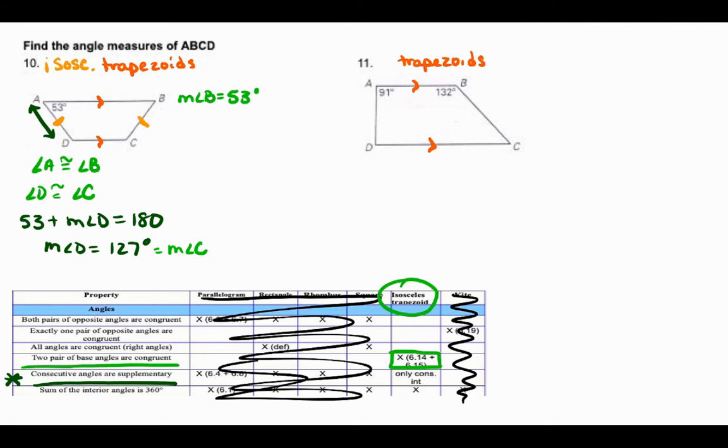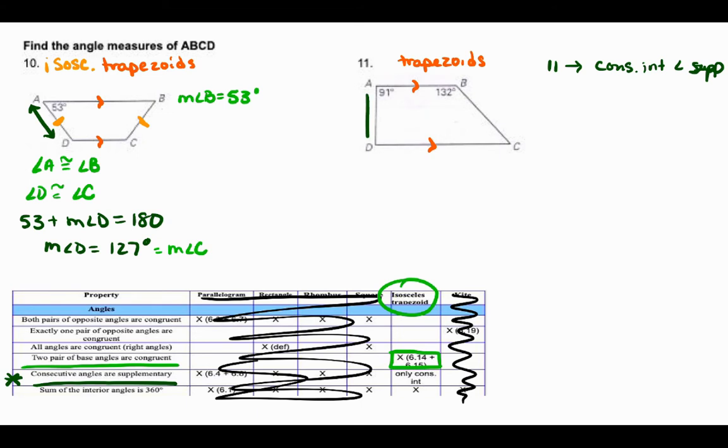In problem 11, we do not have any congruent legs. So in this one, we only get to use the fact that because of the parallels, our consecutive interior angles are supplementary.